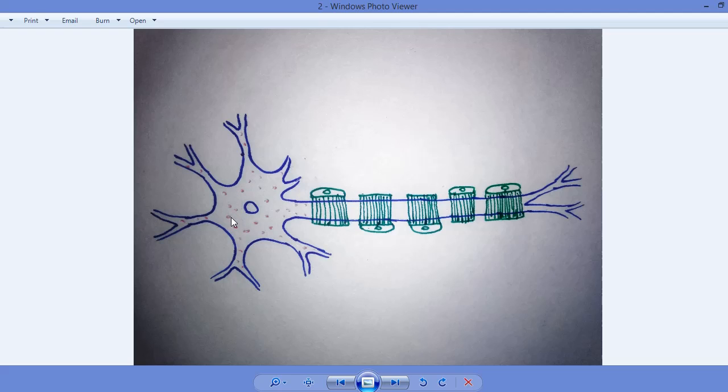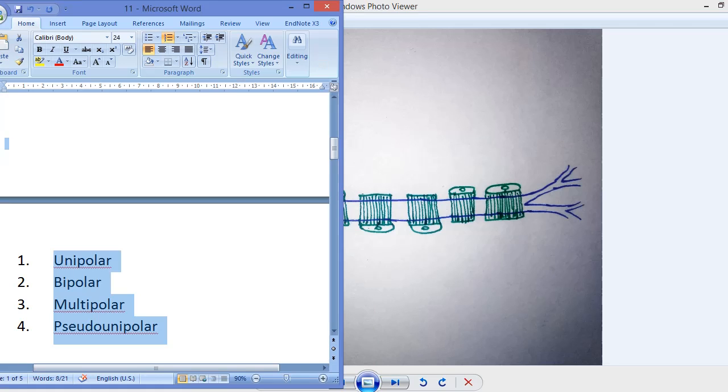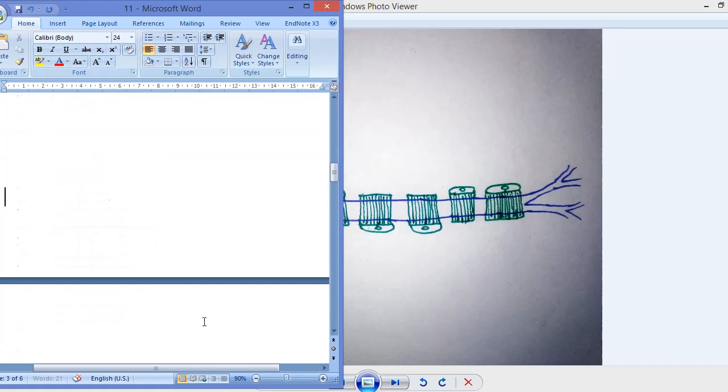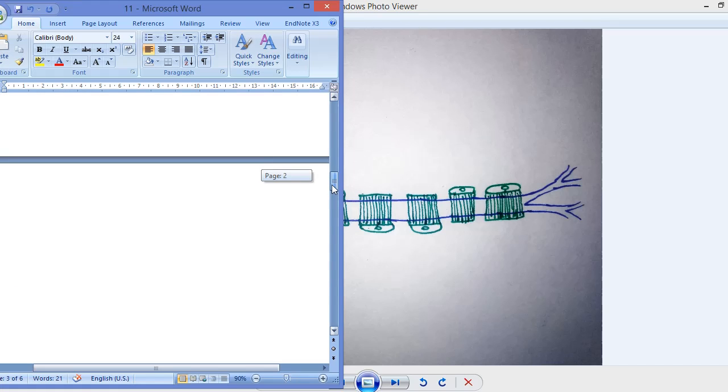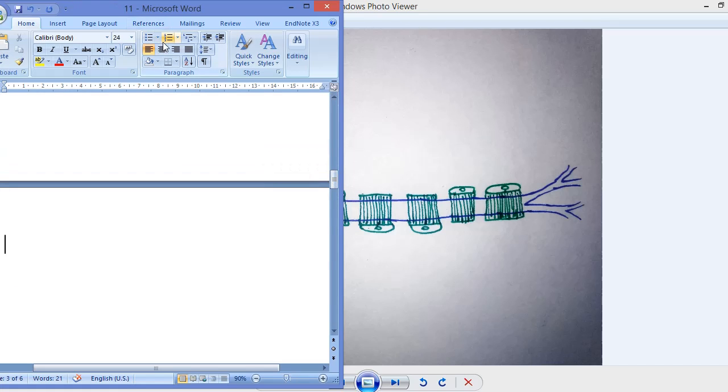This is the cell body which contains the neuroplasm and other cell organelles inside this, and also a nucleus. Cell body.